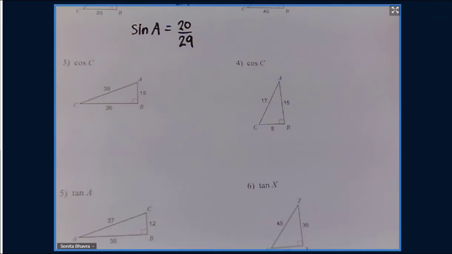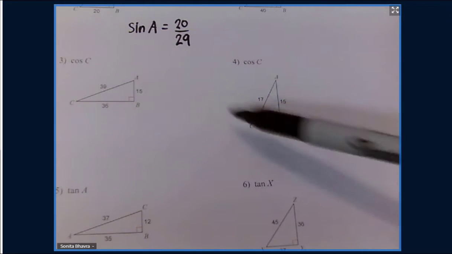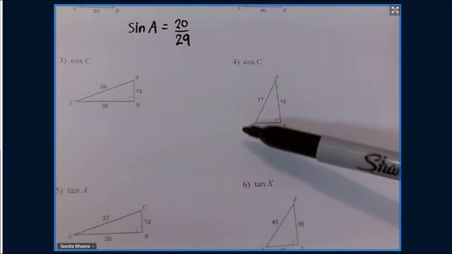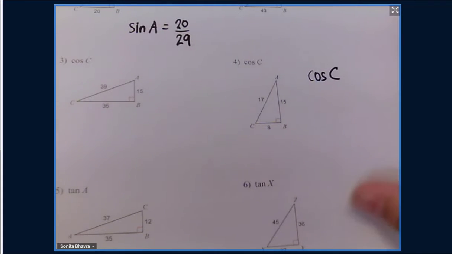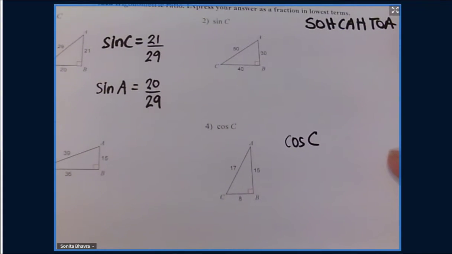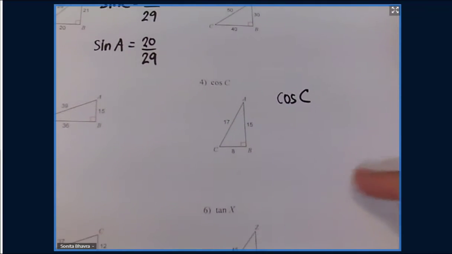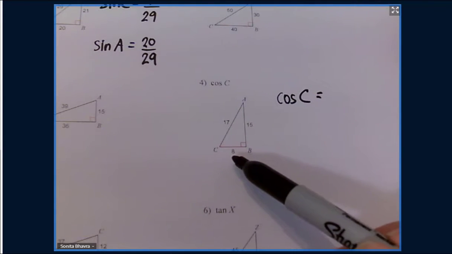All right, so our next example, let's try number 4, and it's asking us to find the cosine of C. So cosine of C, there's our angle C. We know from our acronym that we have to have adjacent over hypotenuse, right? So go to your angle C. Which side is adjacent?